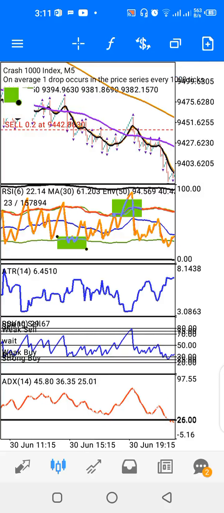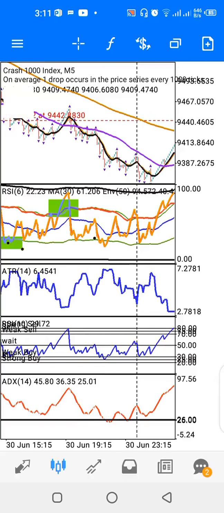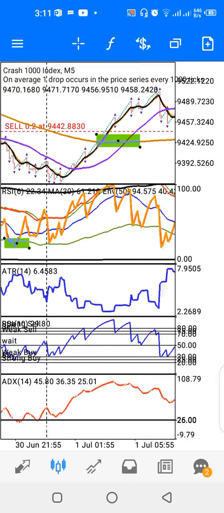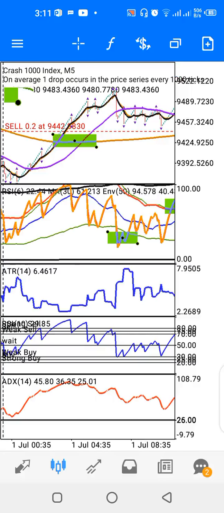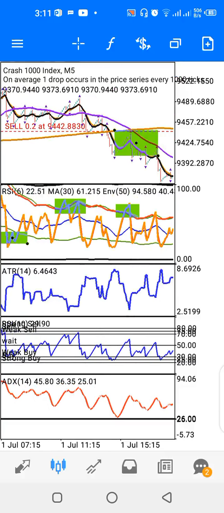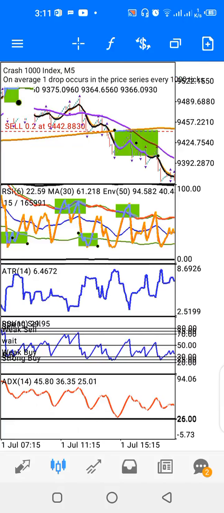Look for a buy opportunity when it drops below the lower envelope band and starts to go up. So that's how to use the indicators on indicator window 1 to generate signals.